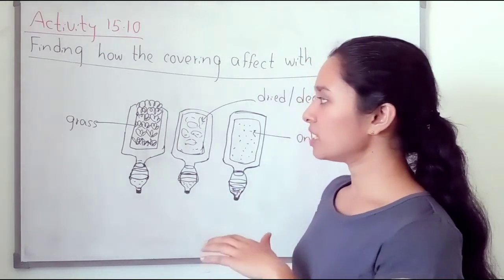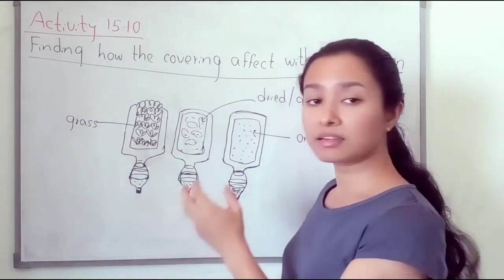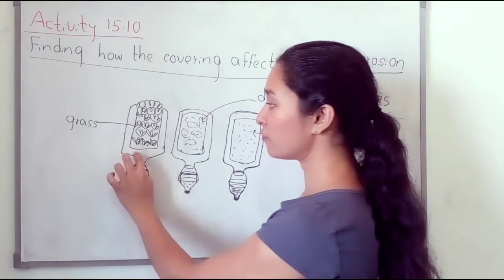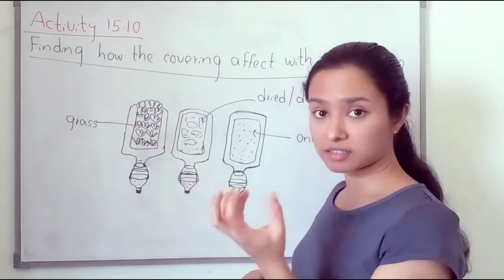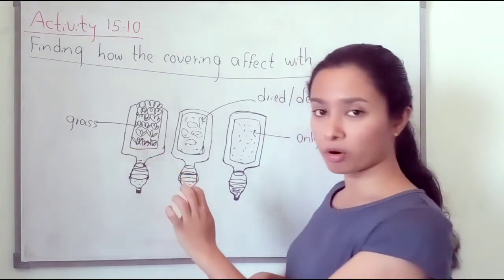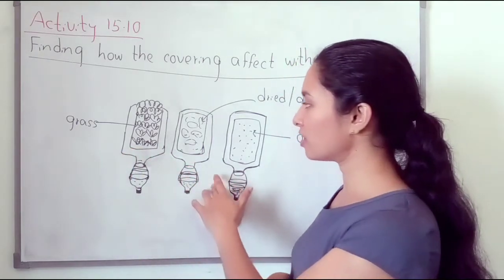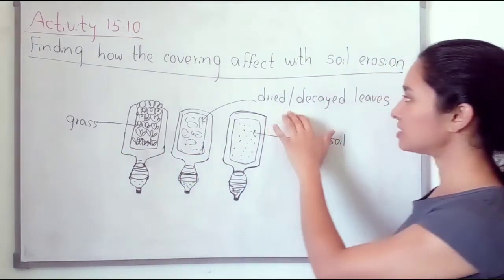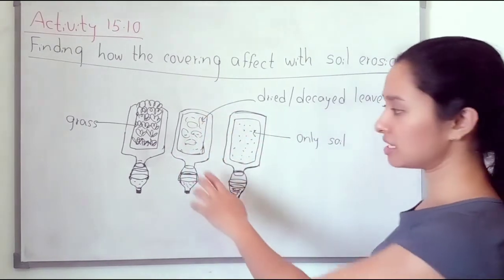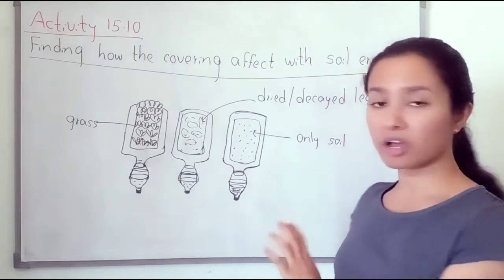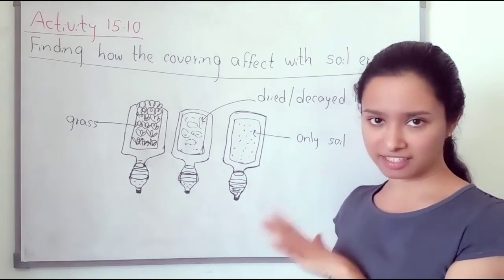Then we have to plant a grass clot in the first bottle. Then in the second one we have to place dried or decayed leaves. The third one we have to leave as it is.